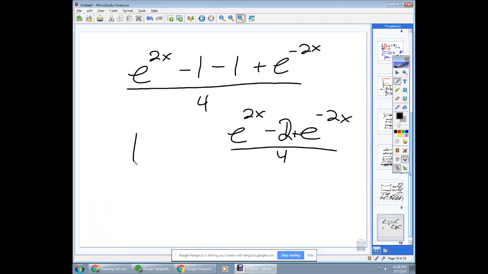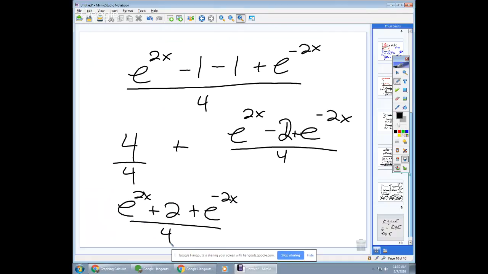All right, so 1 plus that. I'm going to have to write the 1 as 4 over 4 to deal with that. So that just gives me a plus 2 in the middle instead. Okay, so that gives me e to the 2x plus 2 plus e to the negative 2x over 4. Now, that's pretty similar to the square of my derivative, isn't it?